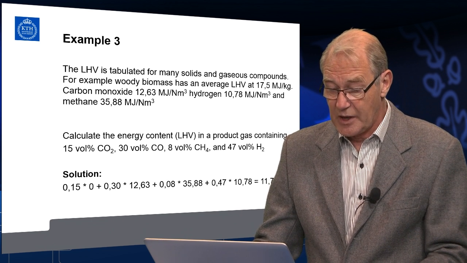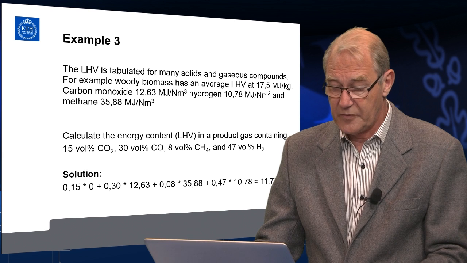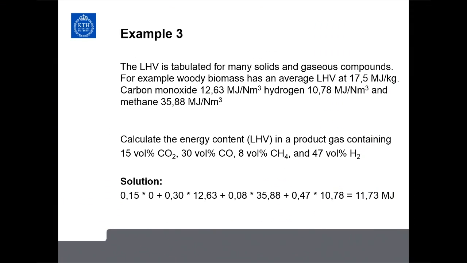Now, if we have a product gas with 15 volume percent of carbon dioxide, 30 volume percent of carbon monoxide, 8% of methane, and 47% of hydrogen, how high is the total lower heating value of the product gas?